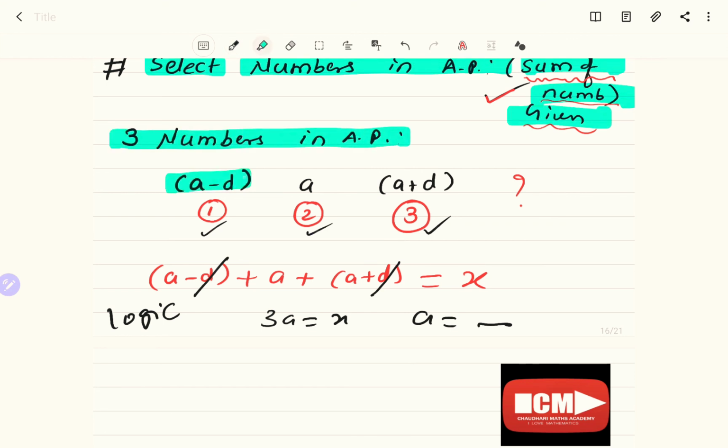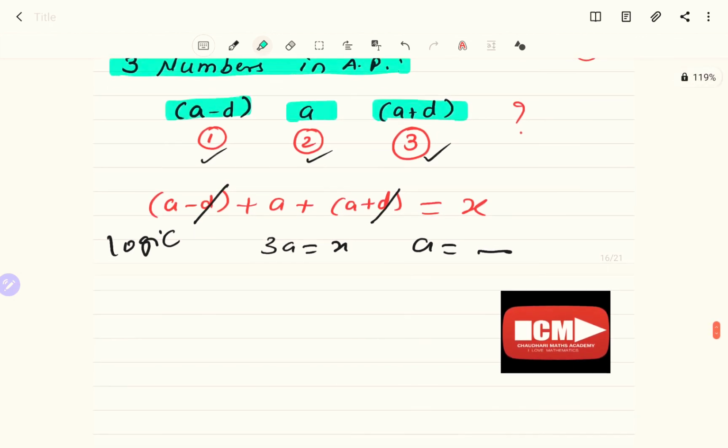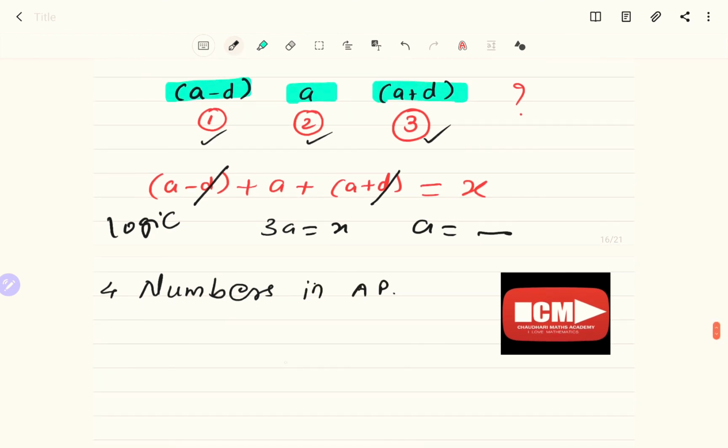This is the pattern in which you have to select the three numbers of AP. If the question belongs to four numbers in AP, try to recall how to select four numbers in AP if the sum is given. Here I am explaining in a simple way.